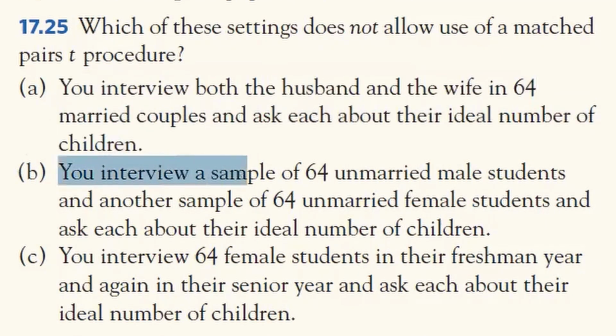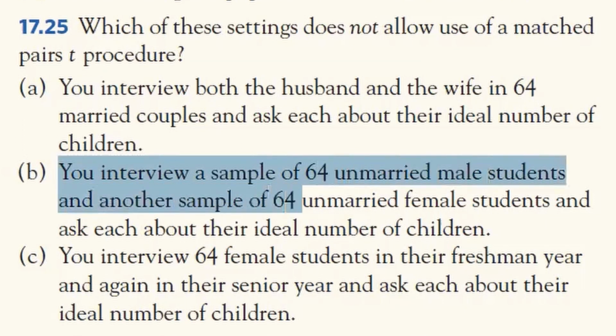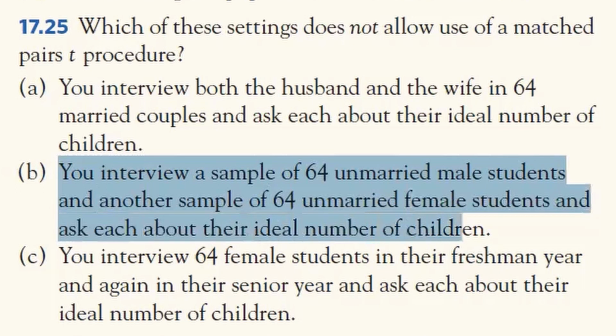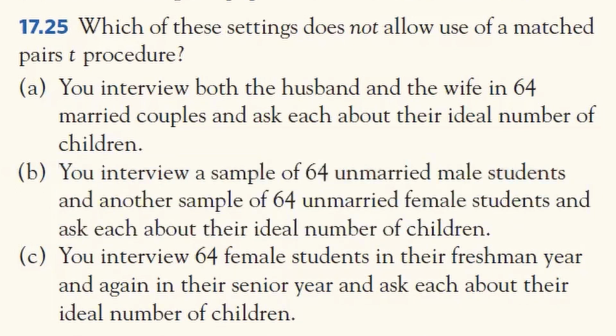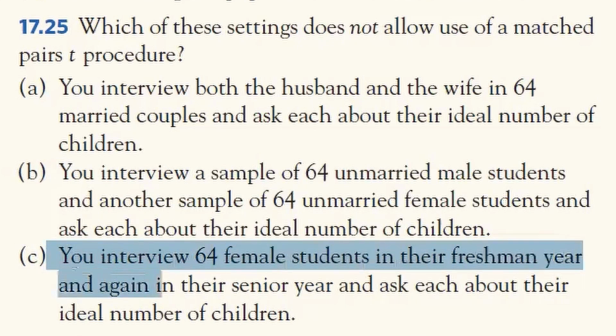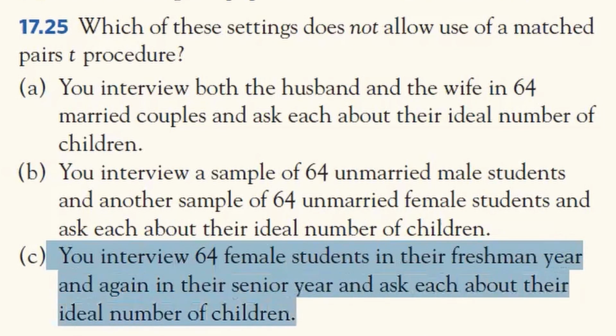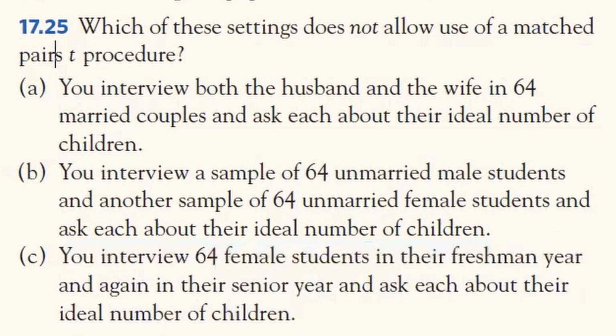You interview a sample of 64 unmarried male students and another sample of 64 unmarried female students and ask each about their ideal number of children. You interview 64 female students in their freshman year and again in their senior year and ask each about their ideal number of children. So one of these is not a matched t-test. Which one?